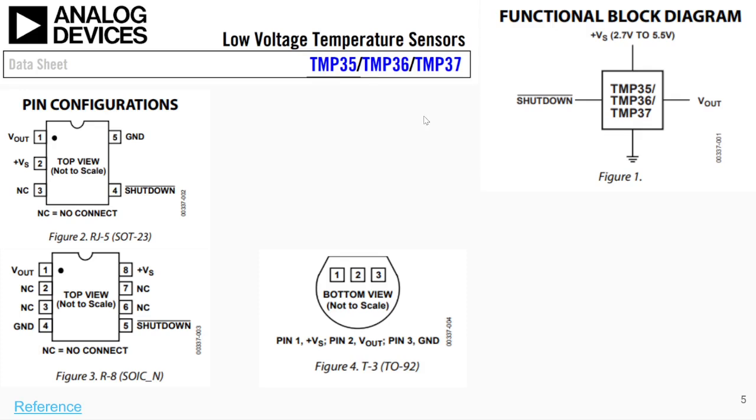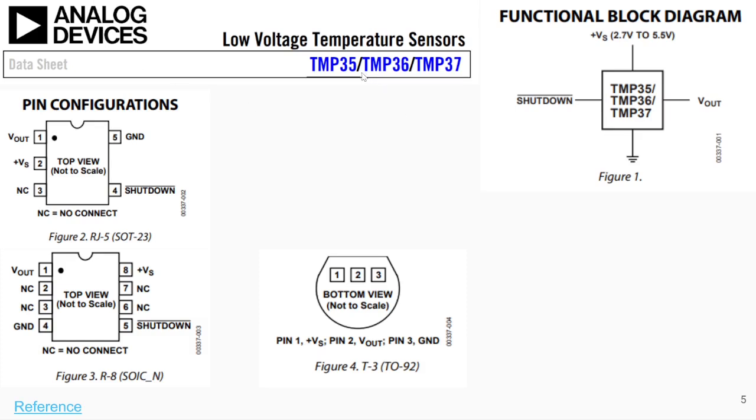Whenever you are working with a device, sensor, chip, or any kind of electrical or electronic device, it's highly recommended to look into the datasheets, because the manufacturer's datasheet is the best source for understanding that particular device's features.